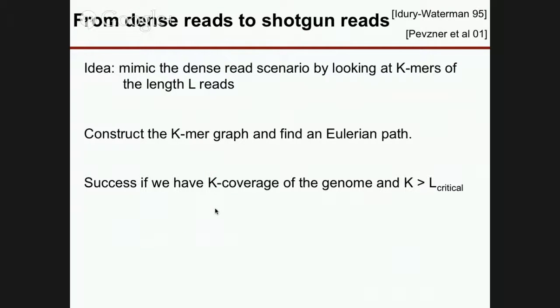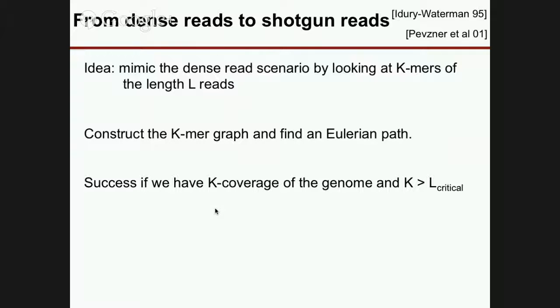Okay. All right. So now we understood entirely what happens in the dense read situation. The dense read situation corresponds to the case when you have a read at every starting position of the genome. Now we're going back to the shotgun sequencing model. In the shotgun sequencing model, you have reads randomly scattered, so you may not have a read starting at every single position.